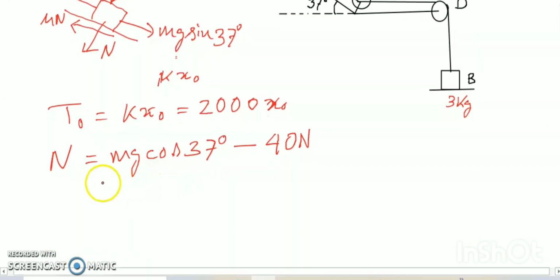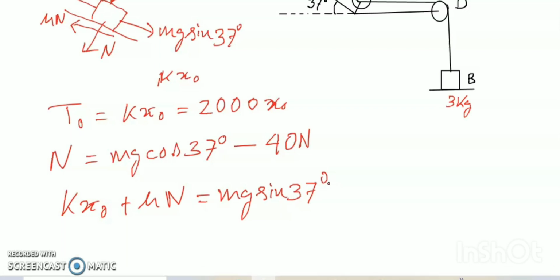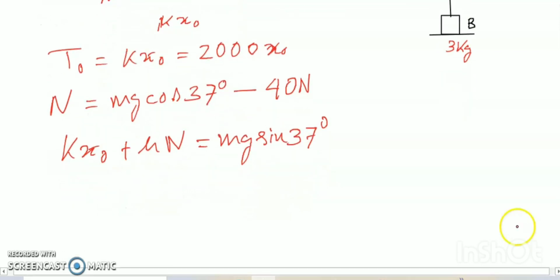Okay, and kx0 plus mu N is equal to mg sin 37 degrees.